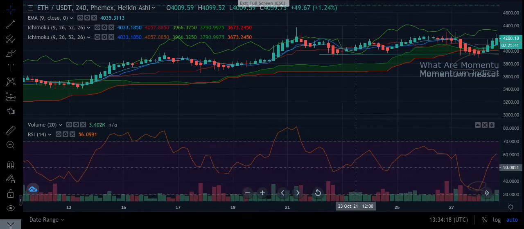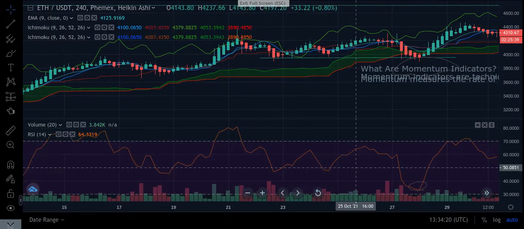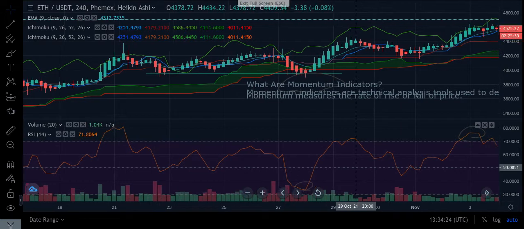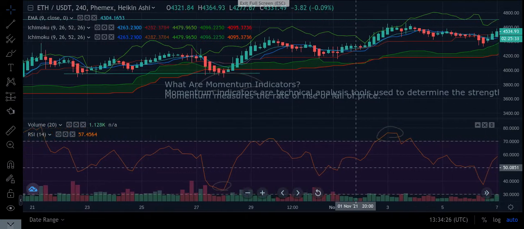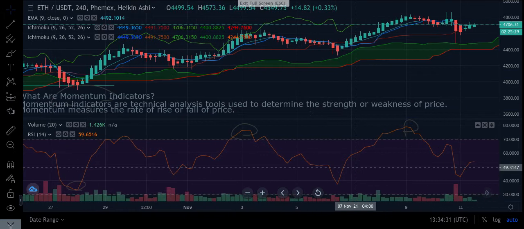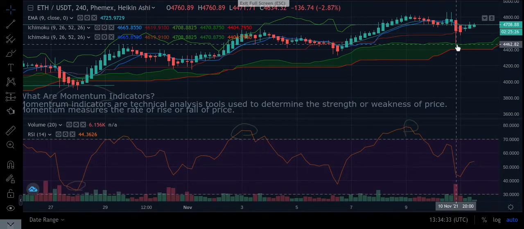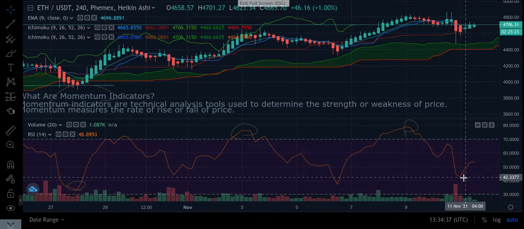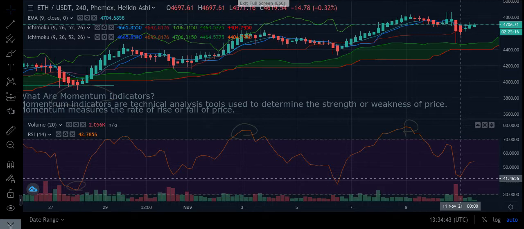So I opened it up this morning, or you're actively trading during the day and you see the market collapse a little bit yesterday, a little backdraft, into the cloud. It fell back down to my RSI level, 42. That should trigger a signal to you that I'm looking at re-entering.